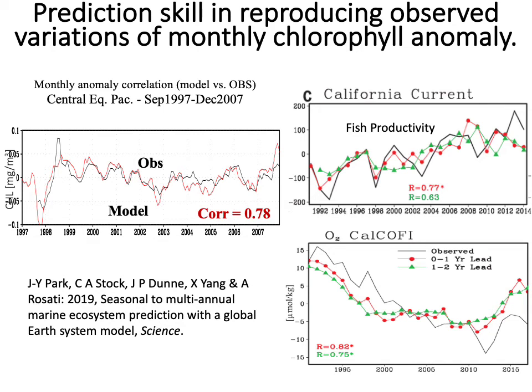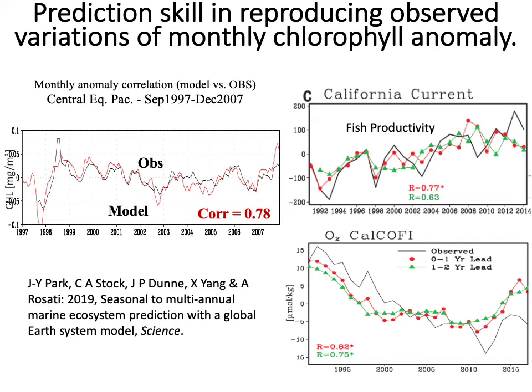So here's a closer look at what that color looks like, where we compare the model and the observations for the equatorial region, with a correlation of 0.78.